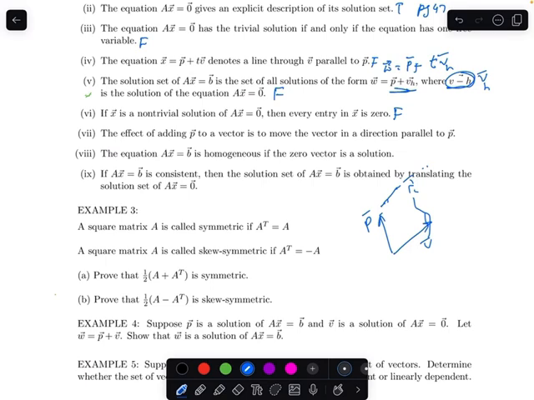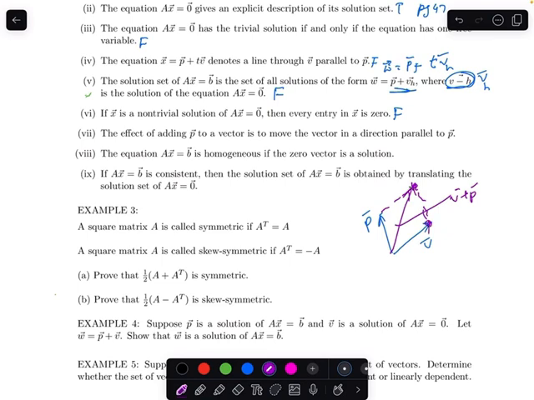Sorry, it's not that neat. Try it one more time, maybe using another color. Draw parallel to v and then parallel to p. So this is our v plus p. Note that this is the end point of v plus p, and this is the end point for v.